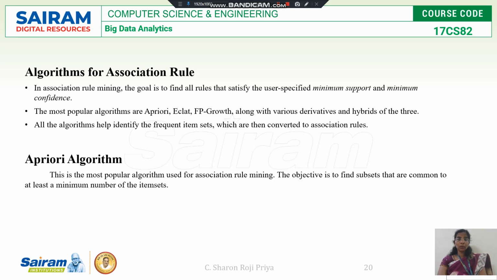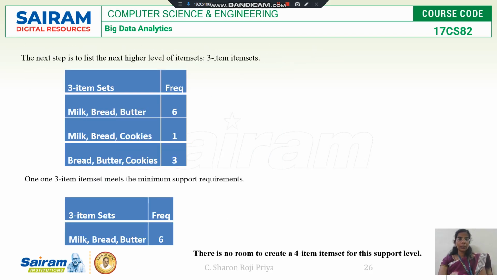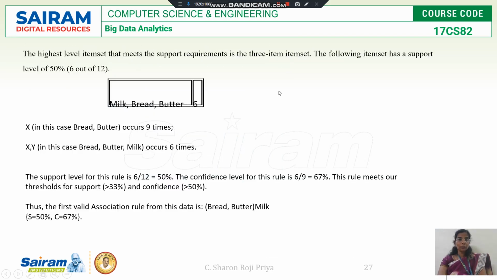So here I have taken support as 33% and confidence as 50%. Both are satisfied: support I got 50 but my minimum value is 33, satisfied. Confidence I got 67 but my minimum value is 50, so it is satisfied. So what do I conclude? The rule which I have formed, bread, butter tends to milk, is a valid rule.